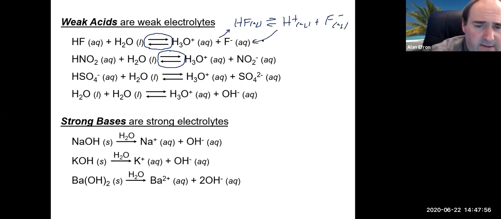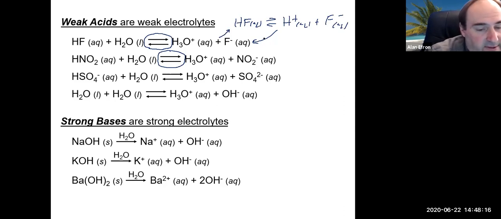So again, they're both the same, no matter how you want to write it. And like I said, in problems, I probably will write it just like that. But each of these are able to produce H plus, but really nowhere to the extent, again, of a strong acid, but they still are able to do that. So still considered an acid in that case.